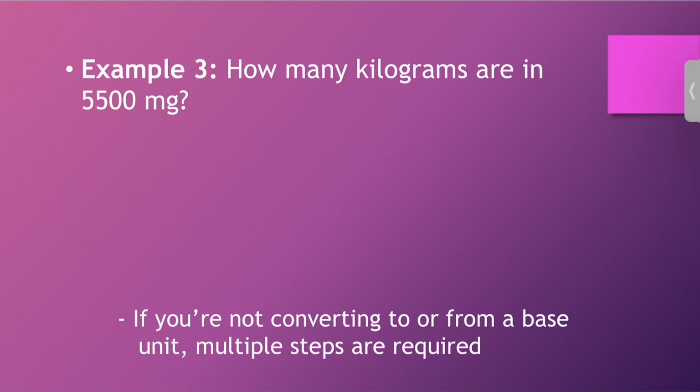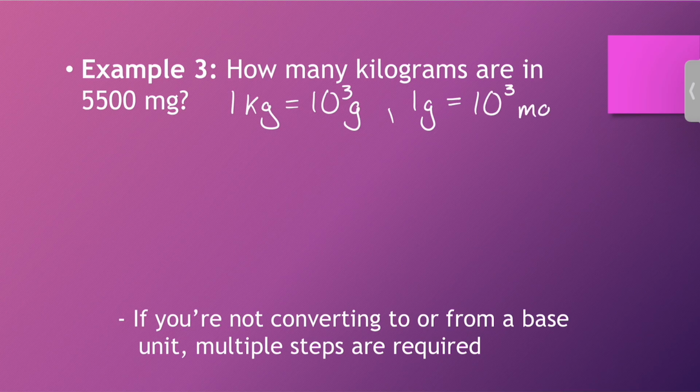What we do know, on the other hand, is that 1 kilogram is equal to 10 to the 3rd grams. And we also know that 1 gram is equal to 10 to the 3rd milligrams.